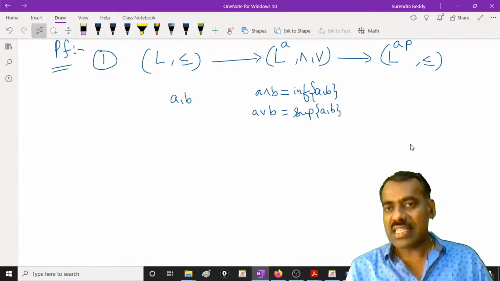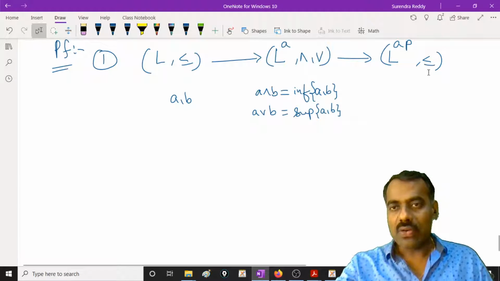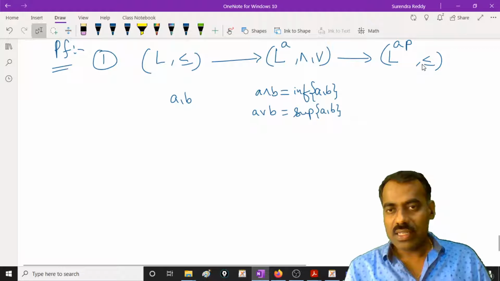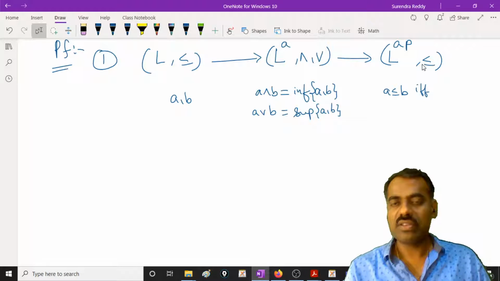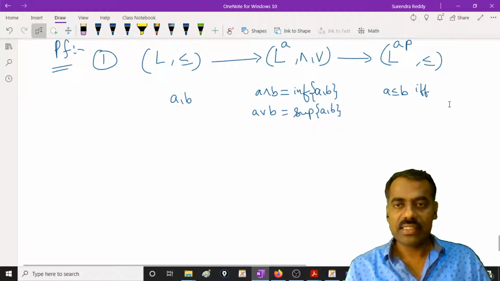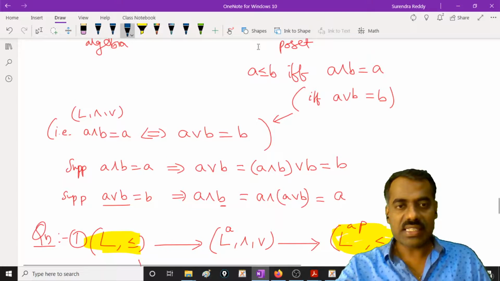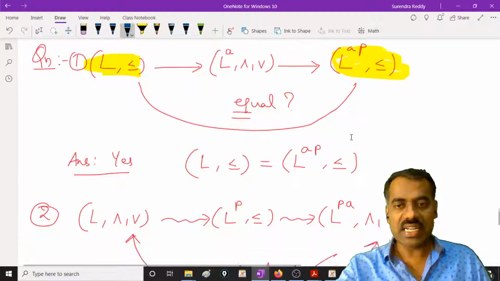Now how is this relation defined here? From an algebra, how is a poset defined? That means how is a less than or equal to b defined? If and only if, what is the relation? This theorem we have defined, right? Whatever we have discussed, what is that relation?